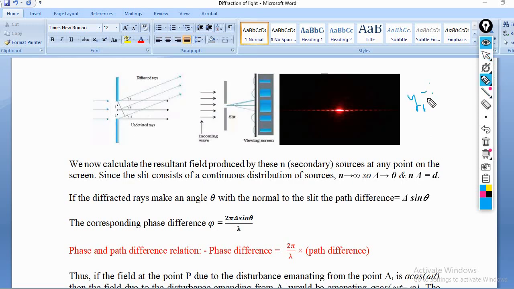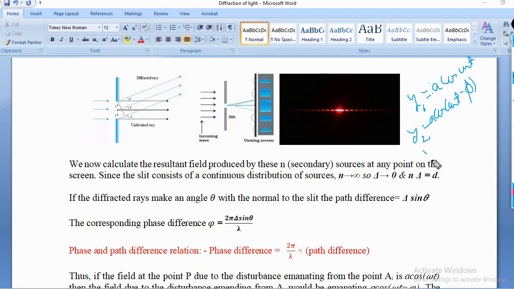We consider y1 as A cos omega t. The second one, y2, is A cos omega t minus phi. Then we can also consider y3, y4, up to yn. As we are considering the superposition of secondary light waves, one can simply add all of them to get the superposed wave equation. We are going to do this to get the expression.